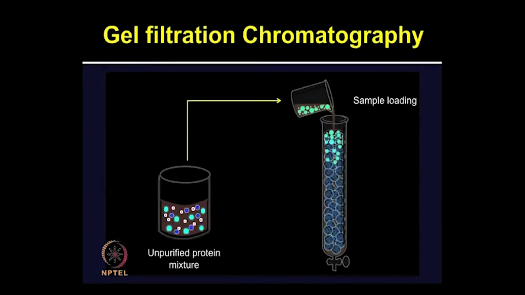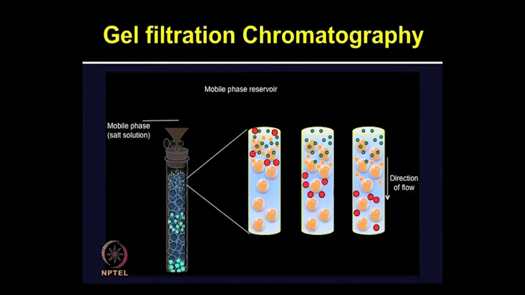The protein sample, which contains a mixture of unpurified proteins of different sizes, is then loaded on the column. When the protein sample is applied to the column, the small proteins pass through the pores of the beads, while the large proteins are excluded. Therefore, this technique is also known as molecular exclusion chromatography.